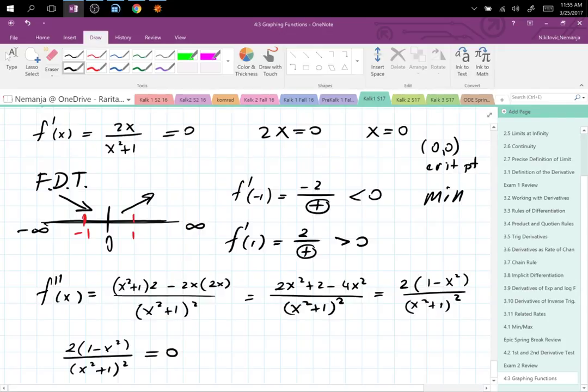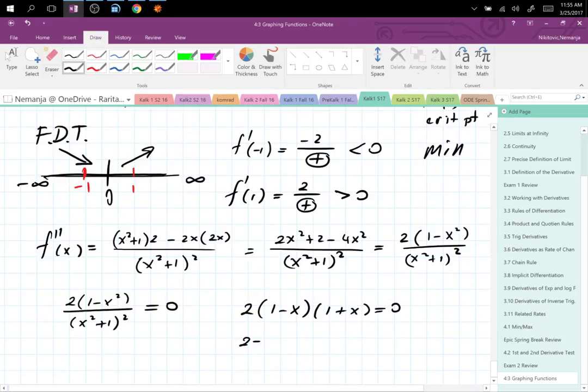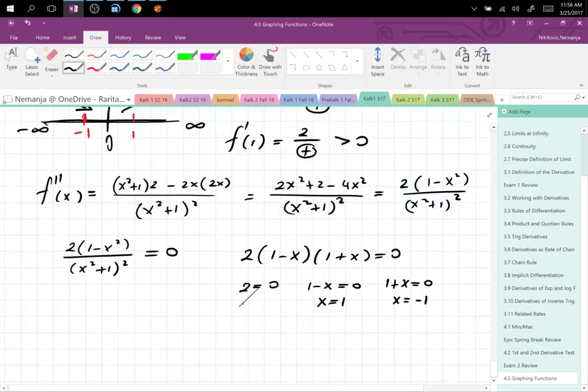So cross multiply, we have 2, 1 minus x, 1 plus x, when you factor everything, equal to 0. So 2 is equal to 0, 1 minus x equal to 0 where x is 1, and 1 plus x equal to 0 when x is negative 1. Now obviously 2 equals 0 does not give us any solution.